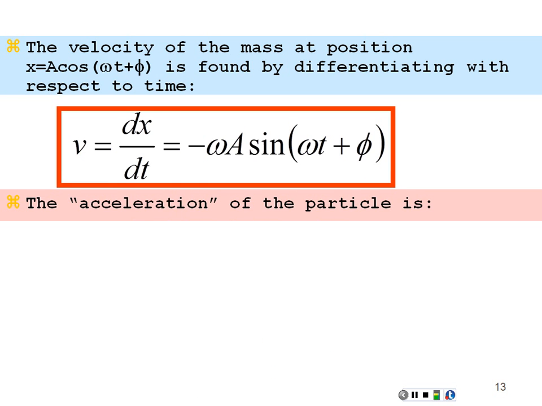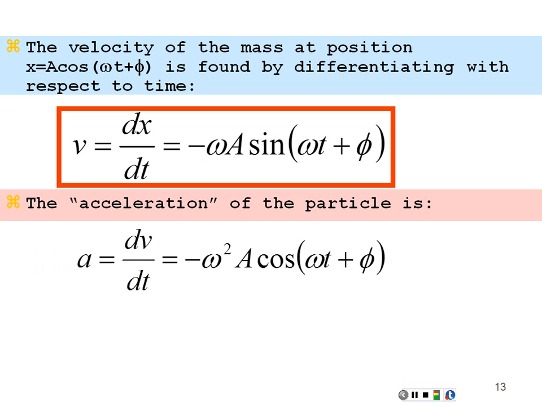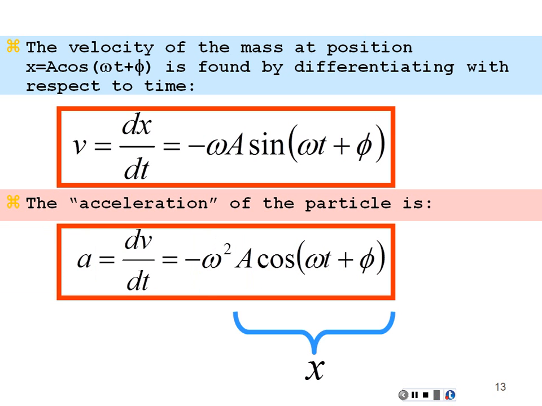And we can get our acceleration for all time by taking the derivative of the velocity as a function of time. And that we did earlier as well. That will give us negative omega squared A cosine(omega t plus phi), where A cosine(omega t plus phi) is x. So this is our velocity, and our acceleration as a function of time.